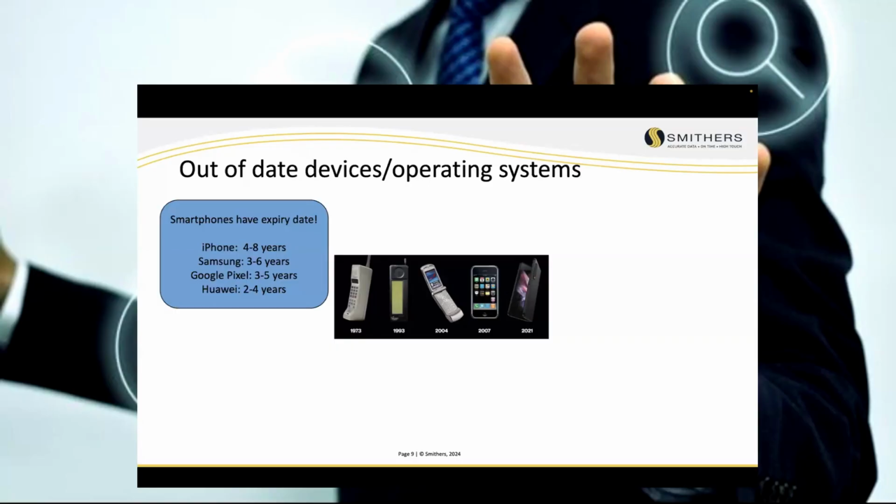Samsung and Huawei, the real challenge for them, and we'll talk about this a little, is that they are dependent not only on the phone, but on who has branded them, who their provider is. And then Google Pixel is kind of new to the game, about 3 to 5 years. But short answer is that if you have a cell phone, you can anticipate somewhere around 3 to 5 years before you're going to have to replace that cell phone, because the operating system and the patching for it is outdated, and there are no longer any patches for it.